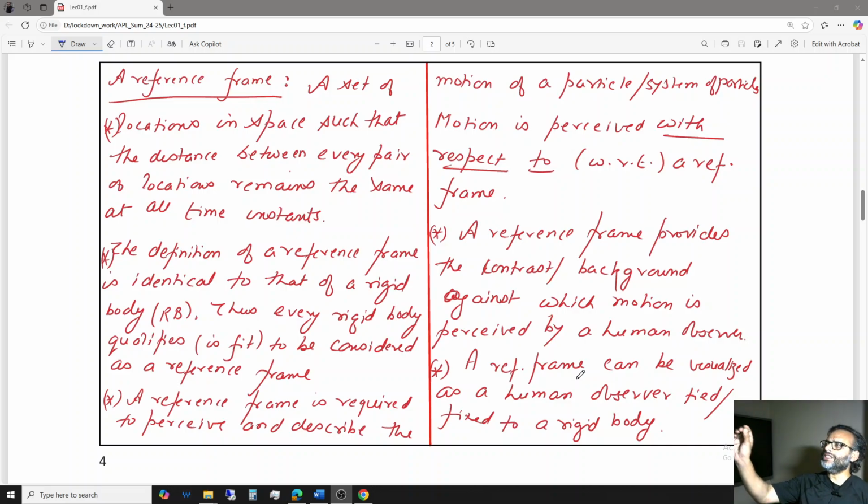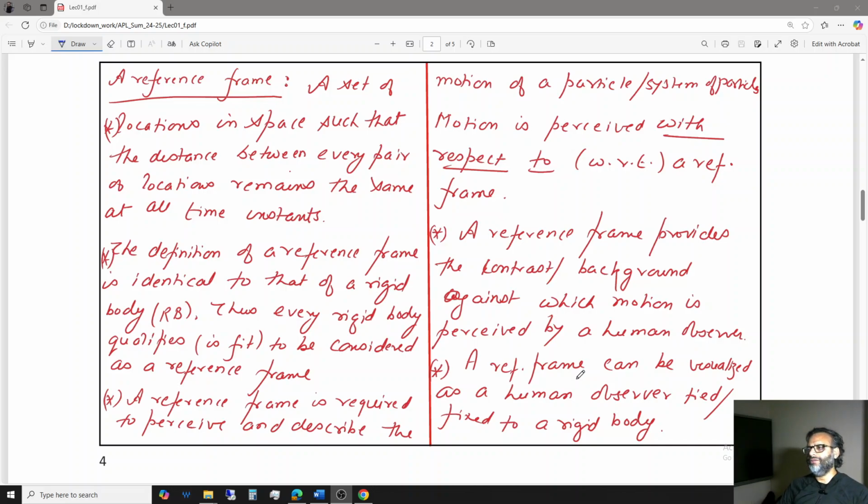At one time instant, it is near tree A, and at another time instant, it goes to tree B, whereas tree A and tree B have not moved as interpreted by your brain. So for your mind to conclude that the bird is flying, you need something which is stationary in the background. That stationary thing is what we call a reference frame.